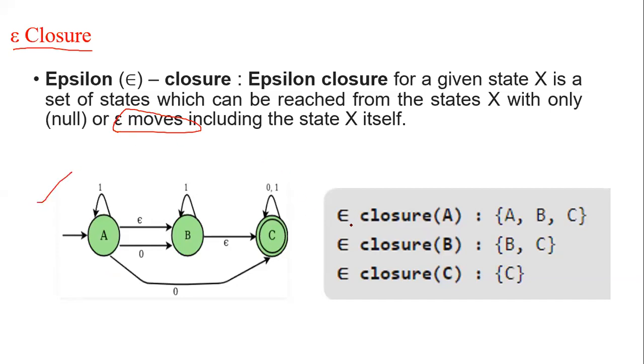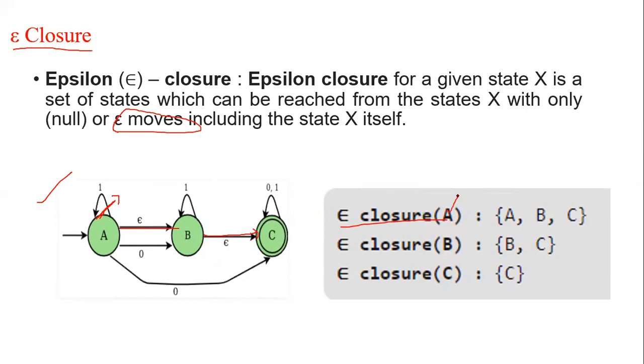Now I'm going to calculate the epsilon closure for the states A, B, and C. Epsilon closure of A: I start here, and with the help of epsilon I see how far I can travel. From A I can travel to B with epsilon. Again from B I can travel to C. There are no other nodes further, so no issues. So A, B, C are the epsilon closure for the state A.